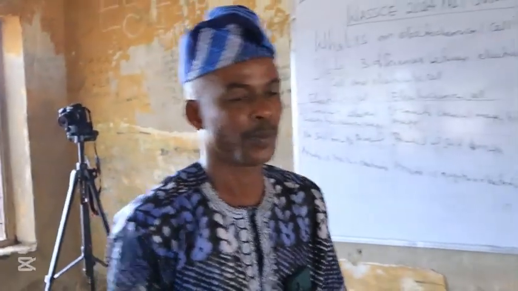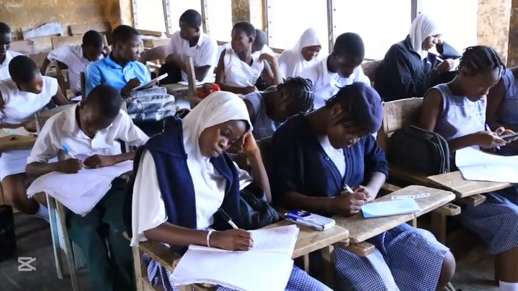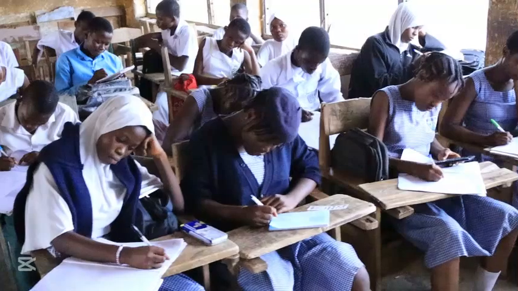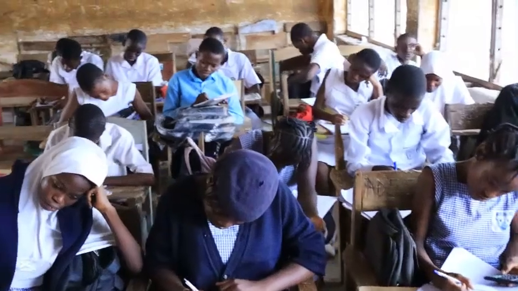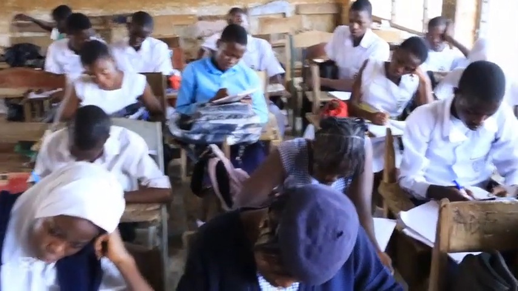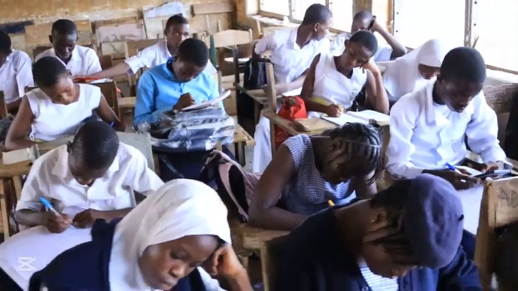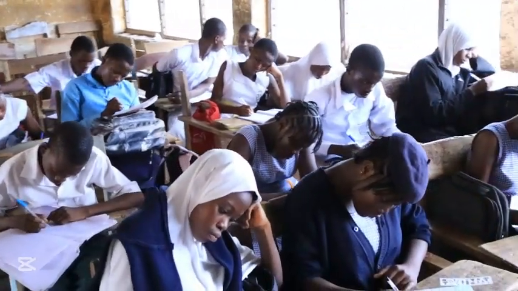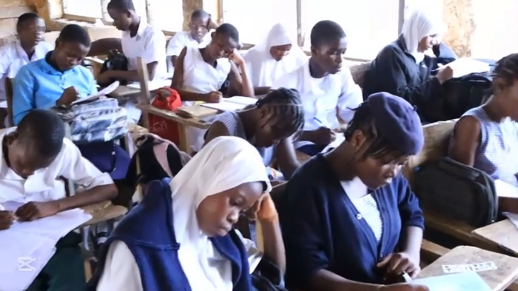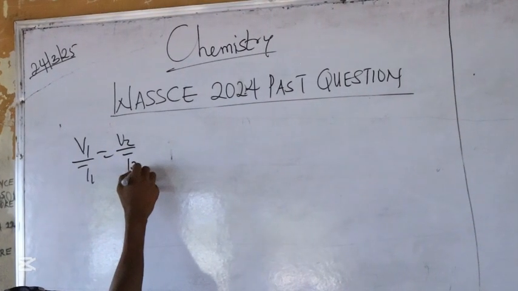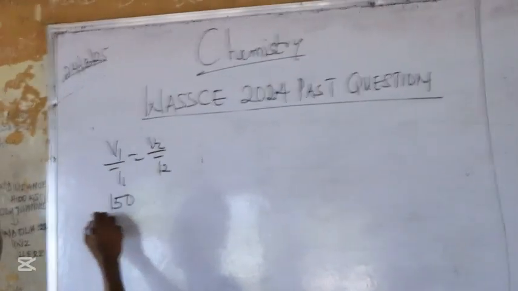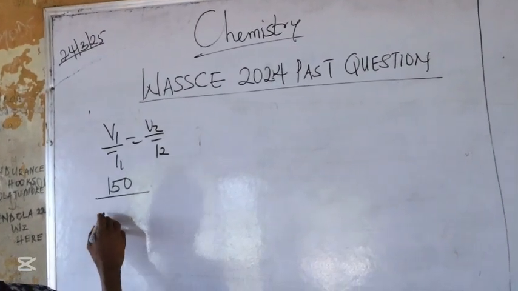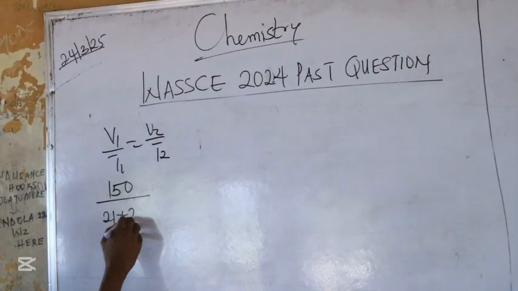Quickly do it and let's see what you have. What's V1? 150. And what's going to be our T1? 21 plus 273.